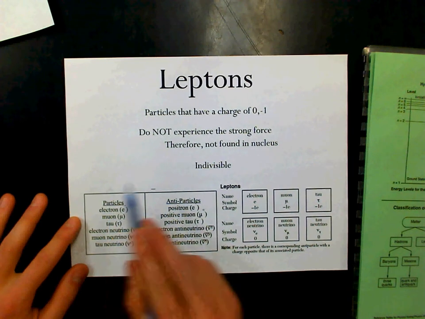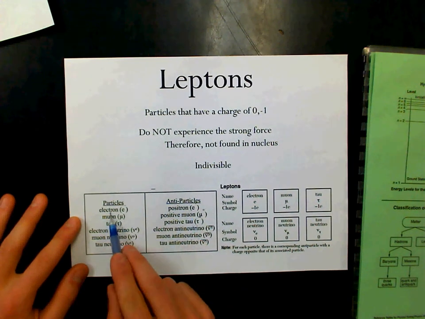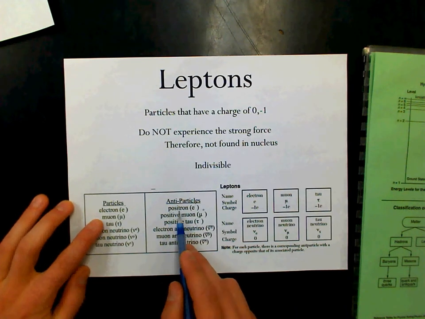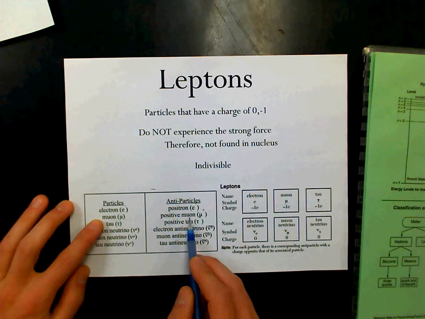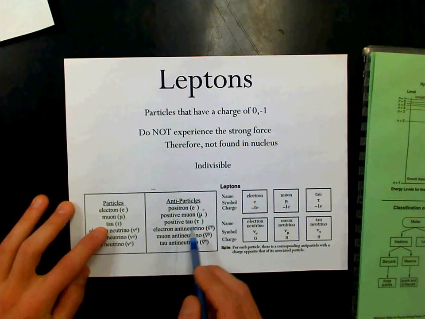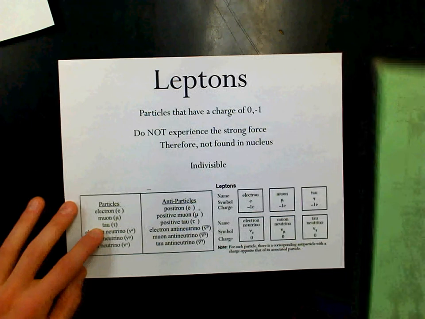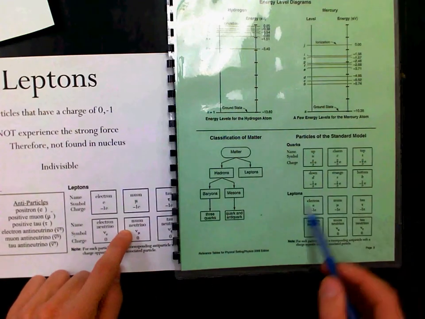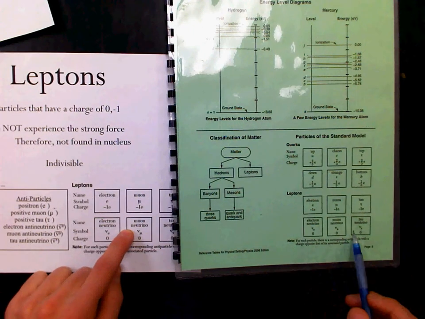As well, they have antiparticles. So the antiparticle of an electron would be an anti-electron, also known as a positron. Muon would be a positive muon, not really creative. A tau would be a positive tau. And the leptons are located right here in the bottom right of page 3 of the reference table.